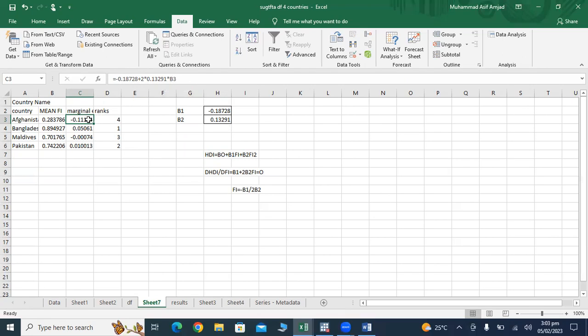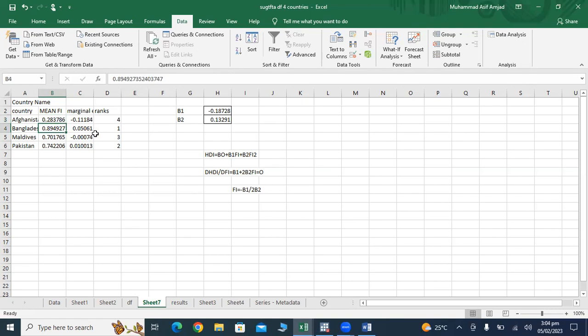In the same way, I calculated these four variables. Check here: Afghanistan's mean value is 0.28, which is less than 0.7. It shows there is poor financial inclusion in Afghanistan.